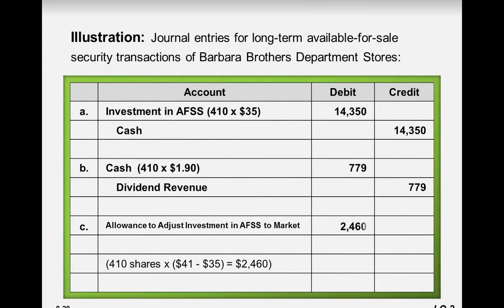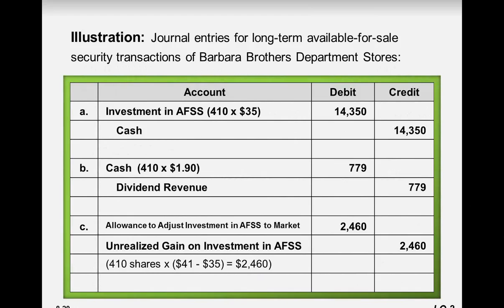We needed to record at December 31st. They were worth $41 per share, so we have an unrealized gain.